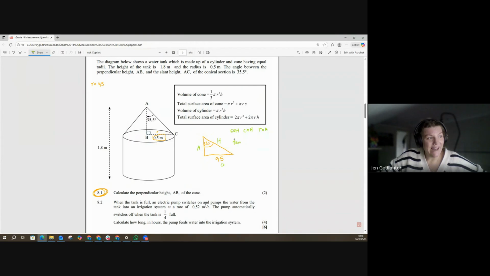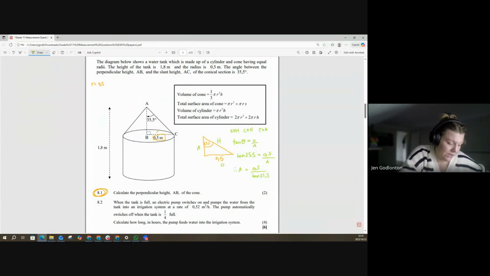So tan of theta is equal to opposite over adjacent, right? And we're trying to find that adjacent. So tan of 35,5 is equal to 0,5 over the adjacent that we're trying to figure out, which means that the adjacent is equal to 0,5 divided by tan 35,5. So we can just chuck that into our calculator.